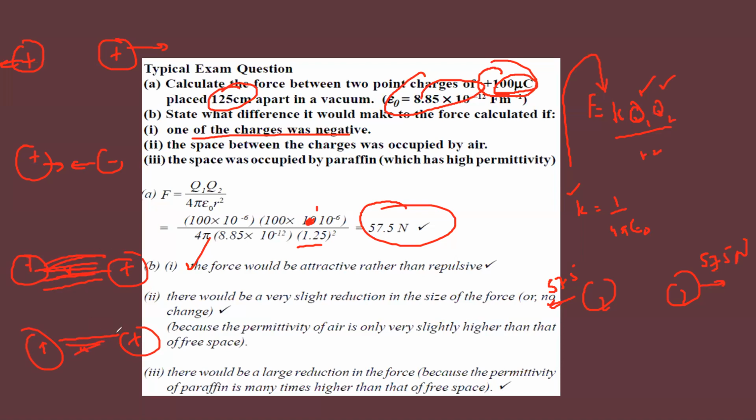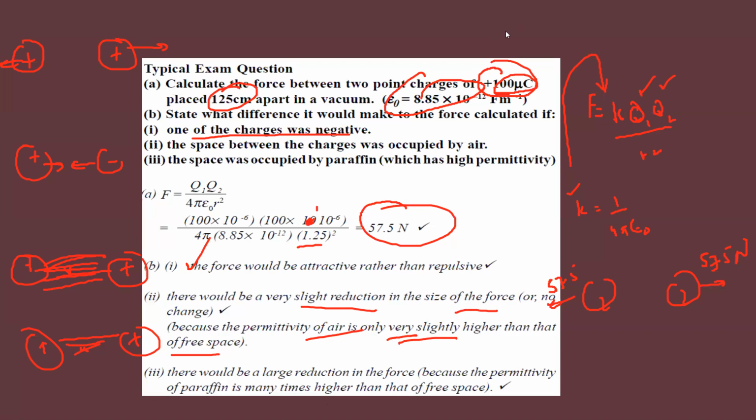But in air, the number of field lines passing through will be slightly smaller compared to that of a vacuum. So there would be a very small reduction in the size of the force, because the permittivity of air is only slightly higher than free space.